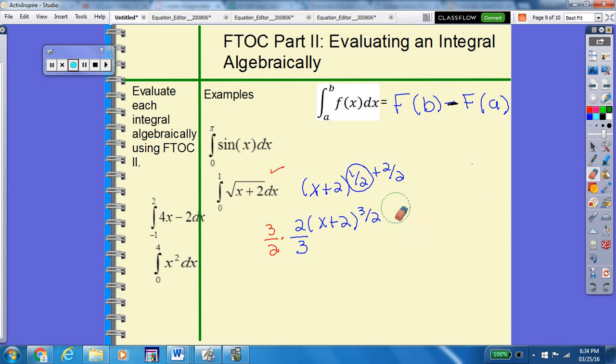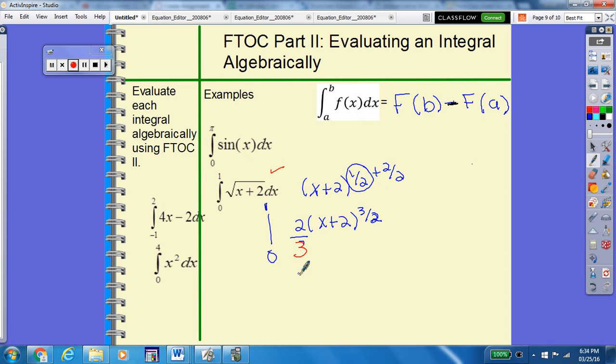Go ahead and take away the red stuff. Okay, so this is my antiderivative. Again, I'm going from 0 to 1. So what I'll do is plug in my 1.